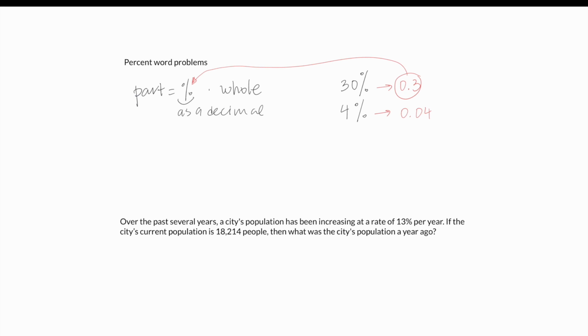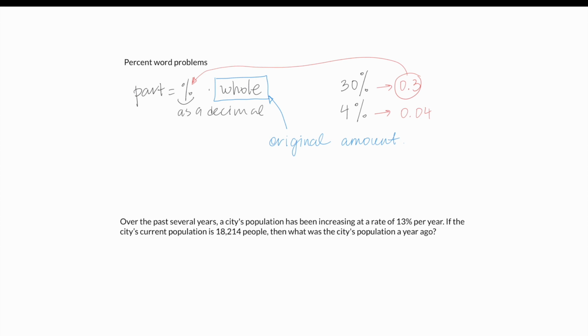Very important to remember, additionally, that the whole is always the number before something happened to it. It's the original number or the original amount. So the percent word problems often talk about discounts or price increases or population decreases. In that case, whatever the number was before any changes happened to it is your whole.